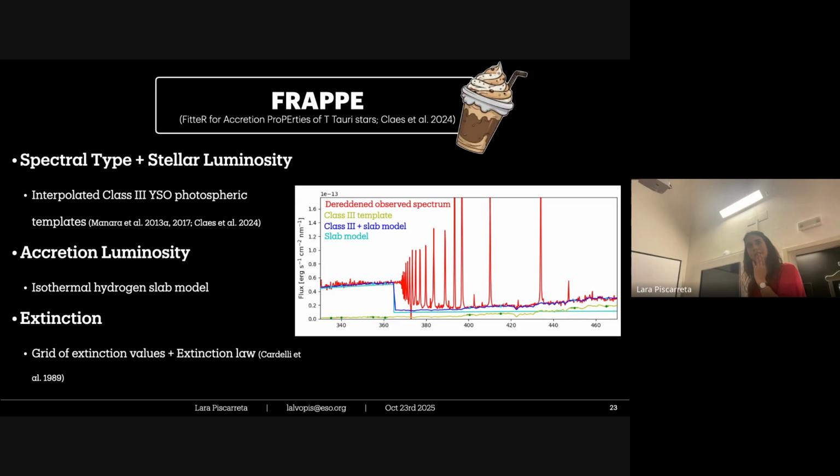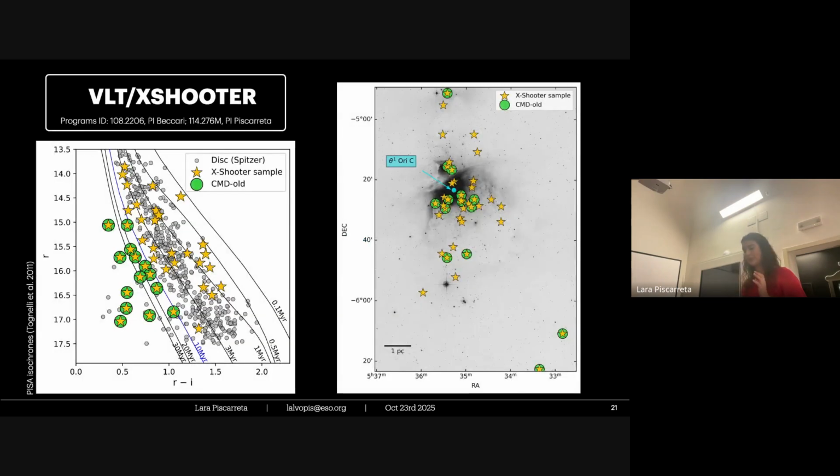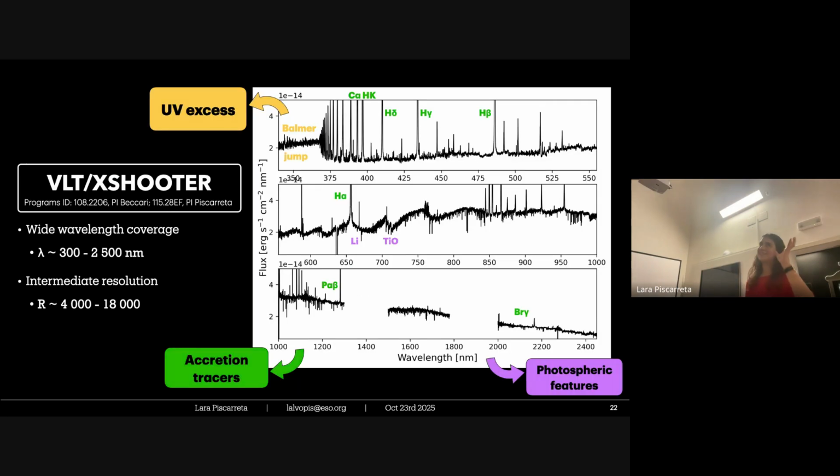This is a very nice question, because maybe I can go here. With FRAPPE, we're using the UVB and visible part of the accretor spectra. But then we have the near-infrared part, which could help us constrain these properties a bit more. It's not something that is in FRAPPE, but it might be interesting in the future.